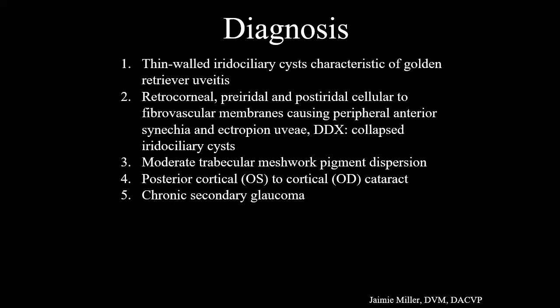Yeah, and for those who are not aware of this entity, especially pathologists, I think ophthalmologists are very aware, you might be asking yourselves why it is called golden retriever uveitis if there's not a single lymphocyte in that eye. The term uveitis comes from the clinical presentation of flare and things floating in the ocular chambers that the clinicians see. From the pathologist's standpoint, it's not uveitis because there are really no inflammatory cells.